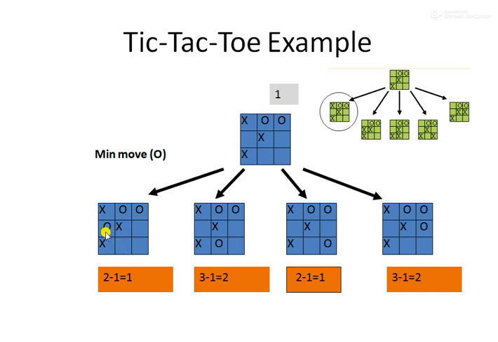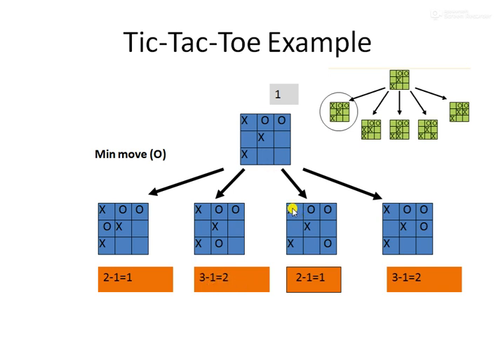So 2 moves for max, and one possible move is open for min, so that is 2 minus 1. Similarly for this position, one is this direction, another is this, another is this direction. So 3 open moves are available for max for winning, and 1 for min, so it will be 2.